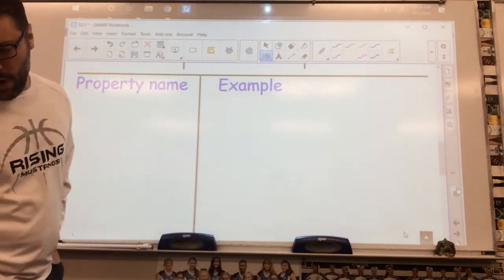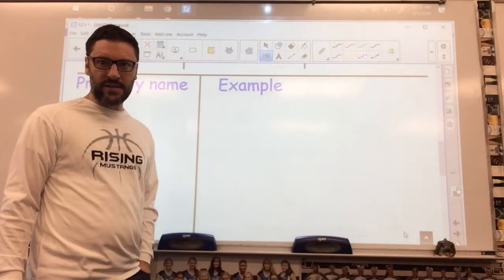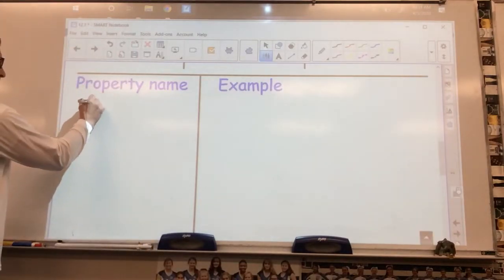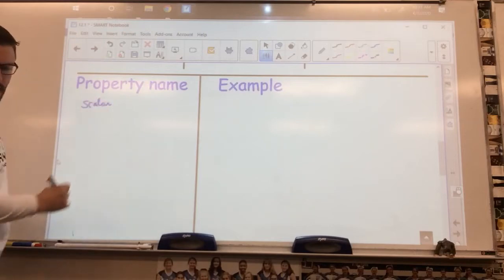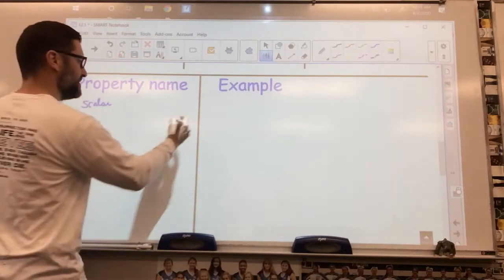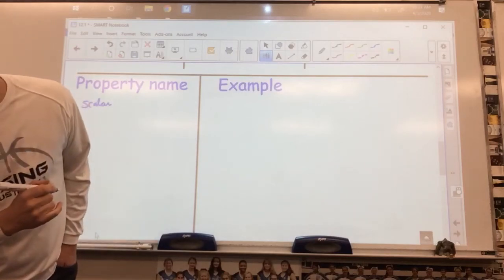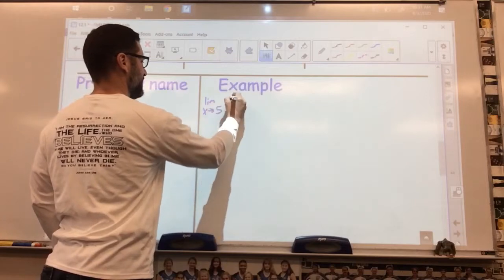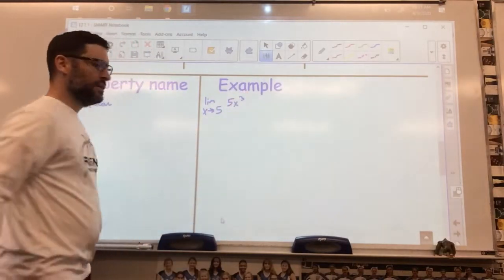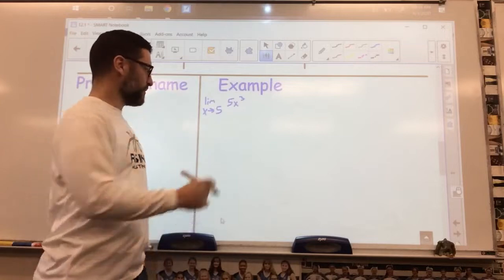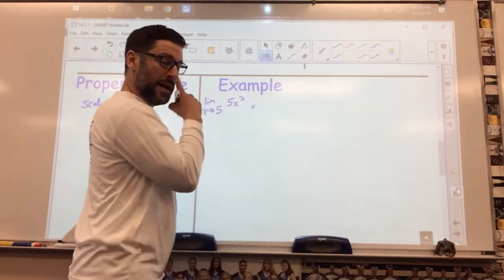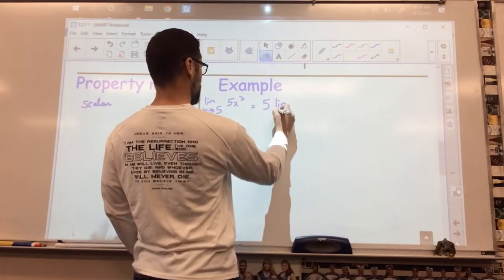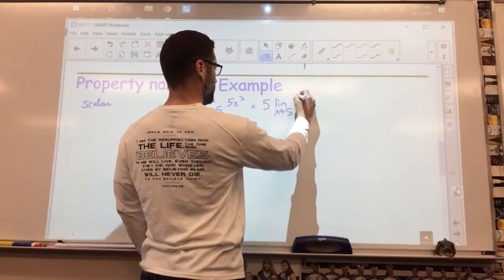Okay, a couple more properties, and I'm going to go very quickly through these because they are kind of what I would expect. The first one is a scalar property. If I have the limit as x goes to 5 of 5x cubed, you can take that scalar, pull it out in front, and you can shove the 5 in. 5 times the limit as x goes to 5 of x cubed.